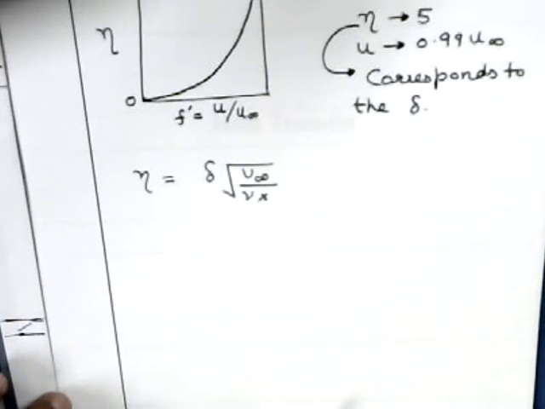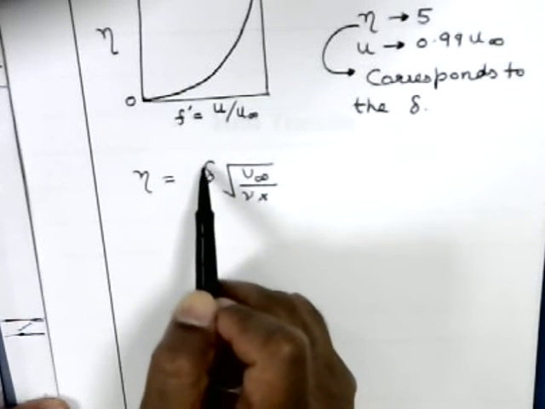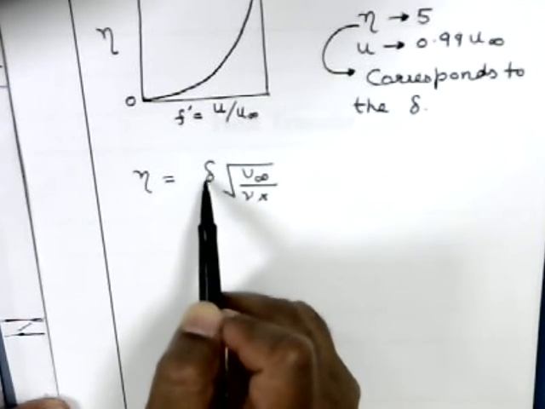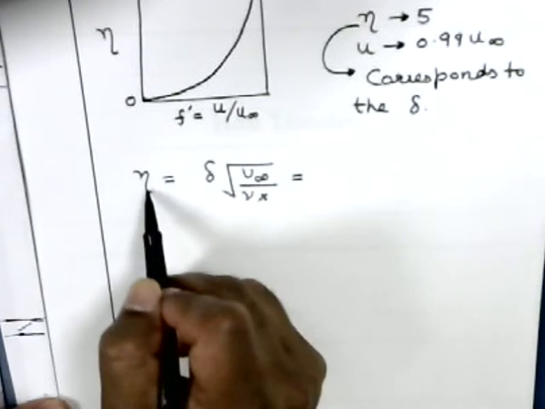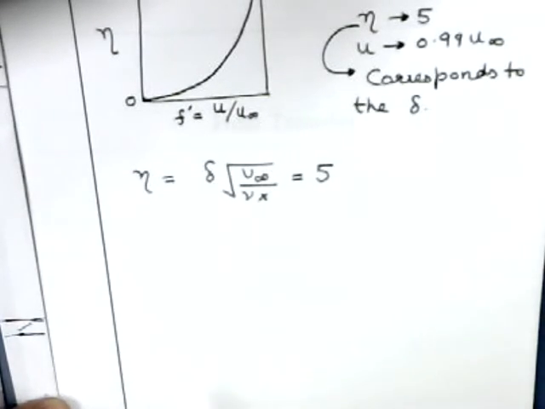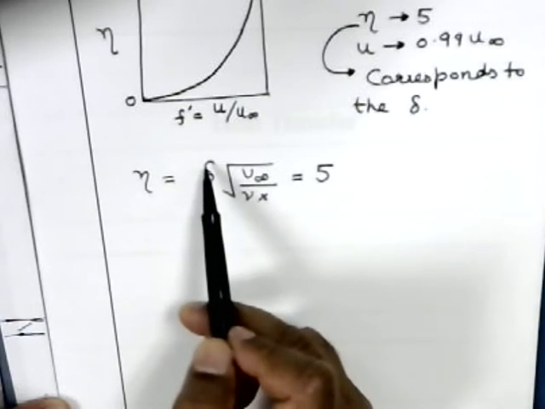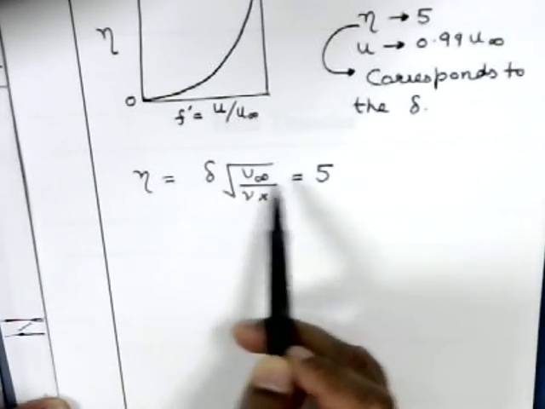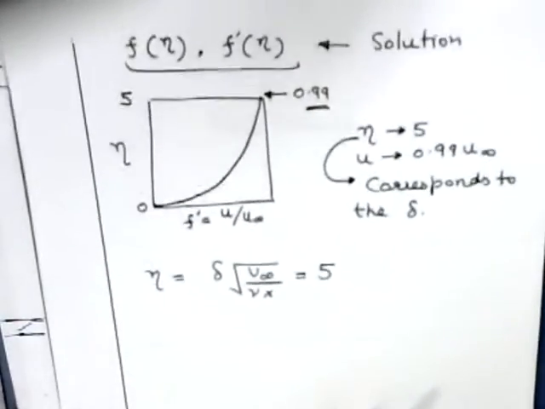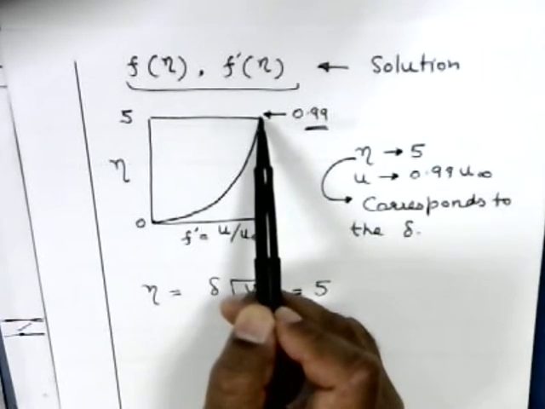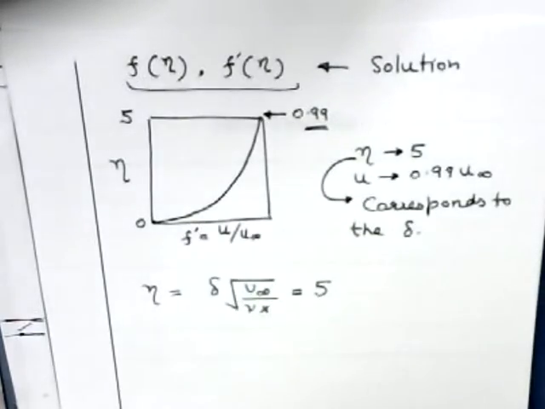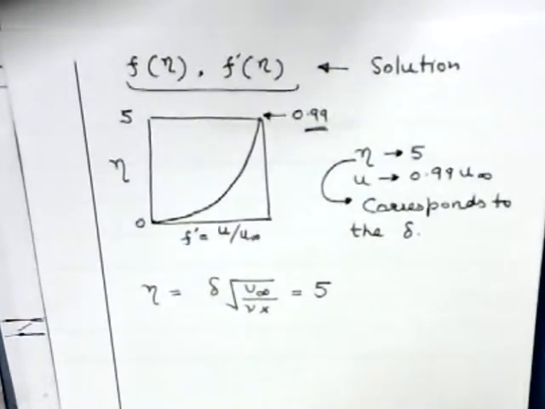Sorry, this was y, but instead of y I have written delta, and at that point eta is 5. So this was y, but when y equals delta, eta is 5. We got that from the solution here. When eta is 5, then y corresponds to delta, because velocity is 99% of free stream velocity.